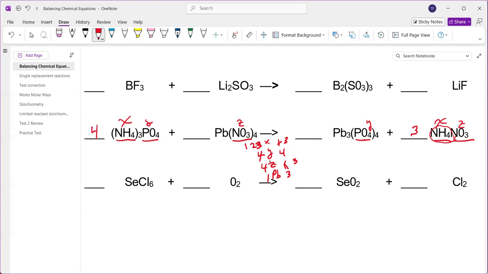How about the lead? What are we going to do with the lead? 3 on the right, 1 on the left. And that's going to change the Z's. How many Z's are we going to have now? Well, 12. Okay, we've only got 3 on the right.